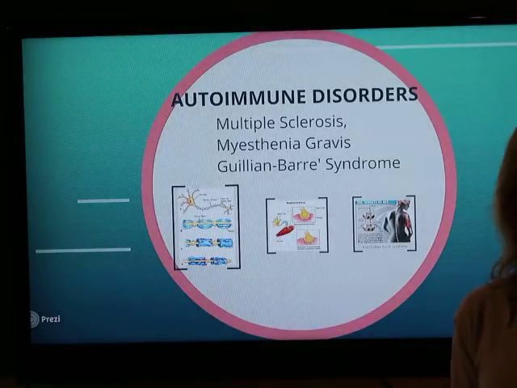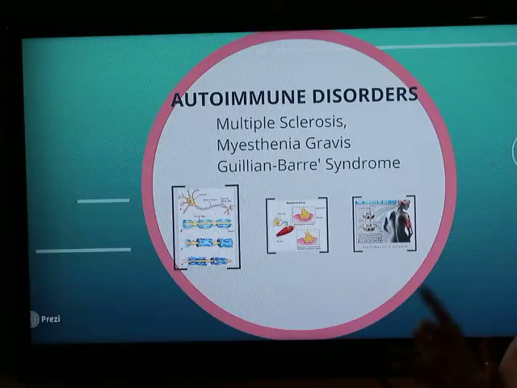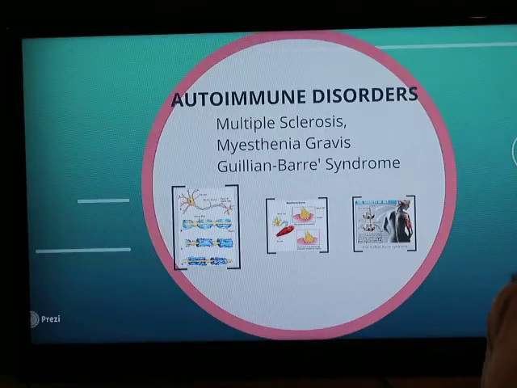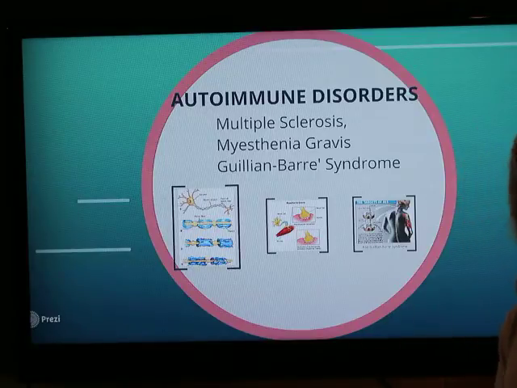There are several autoimmune disorders that can occur in the nervous system, and they're fairly common. Multiple sclerosis is the most common, we call that MS. That's very common. I'm sure you're going to see that in your practice, or you probably know somebody who's got MS. Myasthenia gravis is not as common, but has similar outcomes.